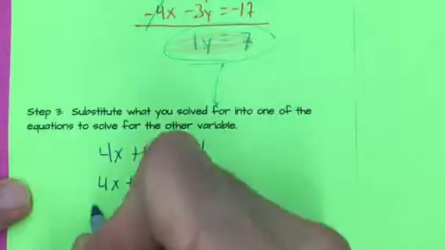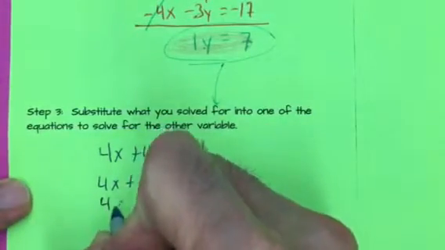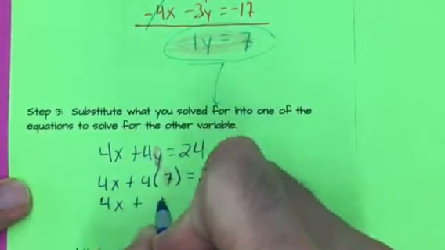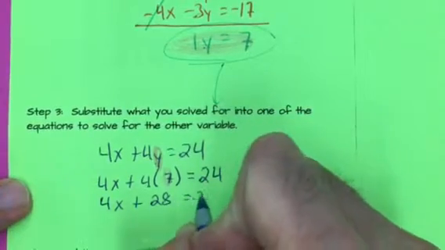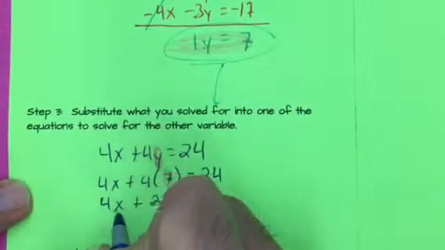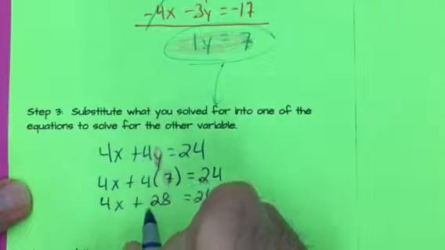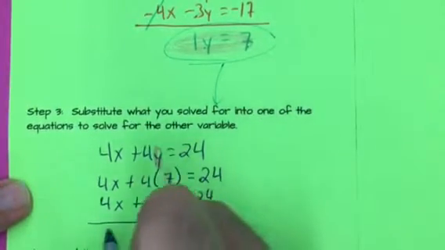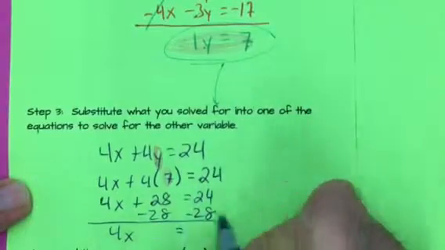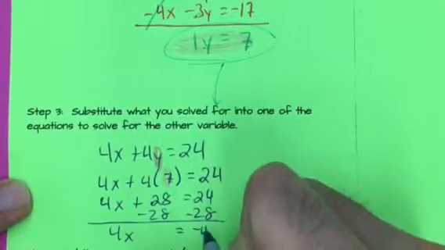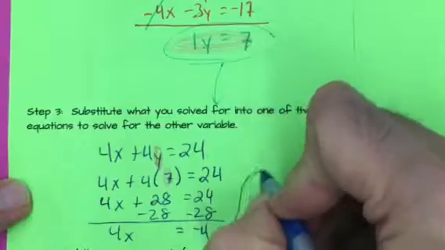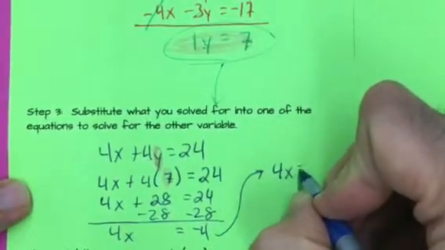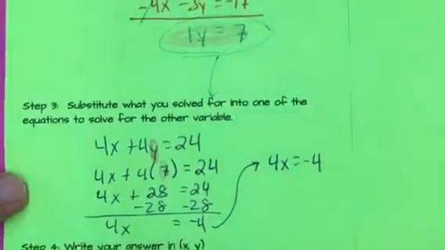4x plus 4 times 7, that's 28, equals 24. Minus 28, minus 28. 4x equals negative 4. I'm going to write it over here. 4x equals negative 4.